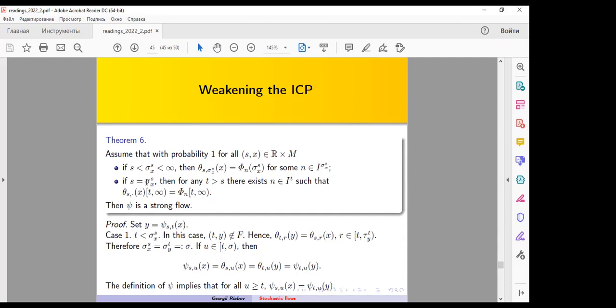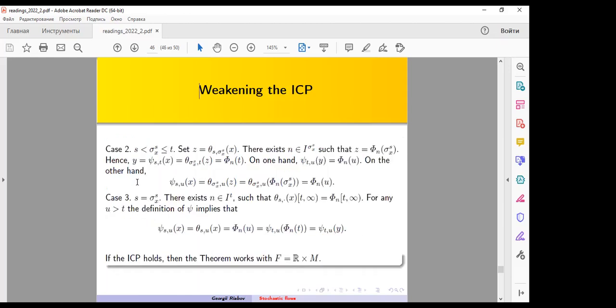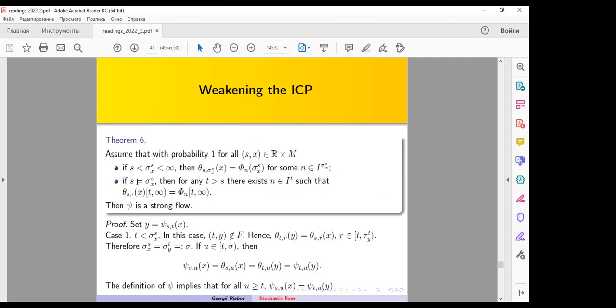And if sigma is equal to S, it means that we hit F in any neighborhood, so immediately after the start we hit set F. In this case, we must have coalescing with the trajectory of the skeleton, and under these two conditions, psi is a strong flow.